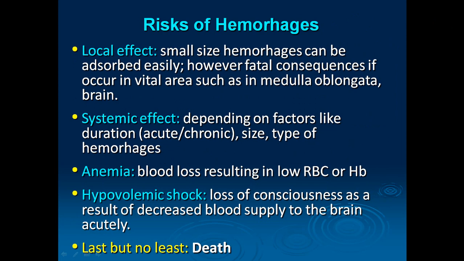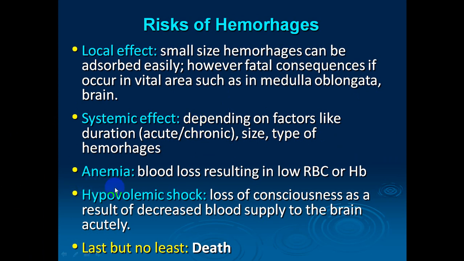So the effect of hemorrhages can be local. It may be mild, but it will be harmful if it happens in a vital area like the medulla oblongata of the brain. It can also be a systemic effect if it occurs in large blood vessels. Rupture of large blood vessels lets large volumes of blood escape, which makes a systemic anemia that can cause severe hypoxia.